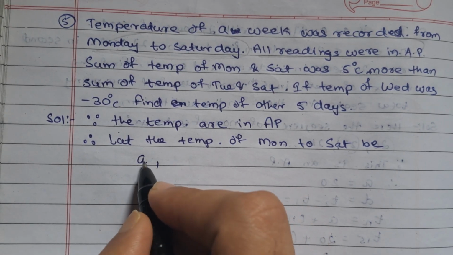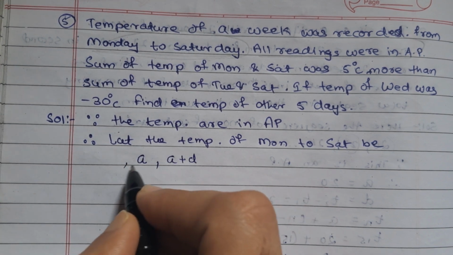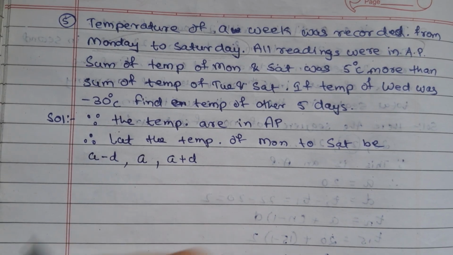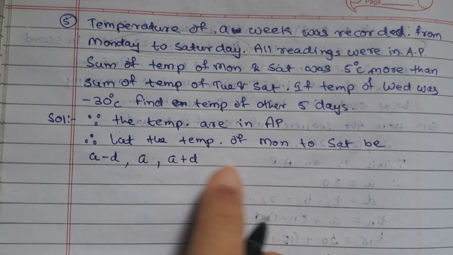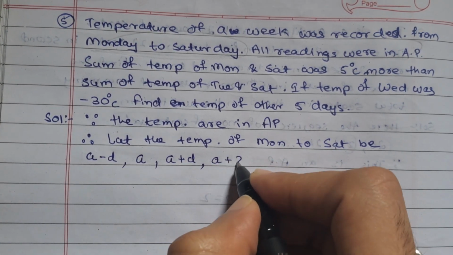It will be an addition of the difference, right? A plus D. And what will be the temperature before this? It will be a subtraction of the difference from this, A minus D. Now if I ask you what will be the temperature after this, it will be simply like you are adding one more D to this, A plus 2D.